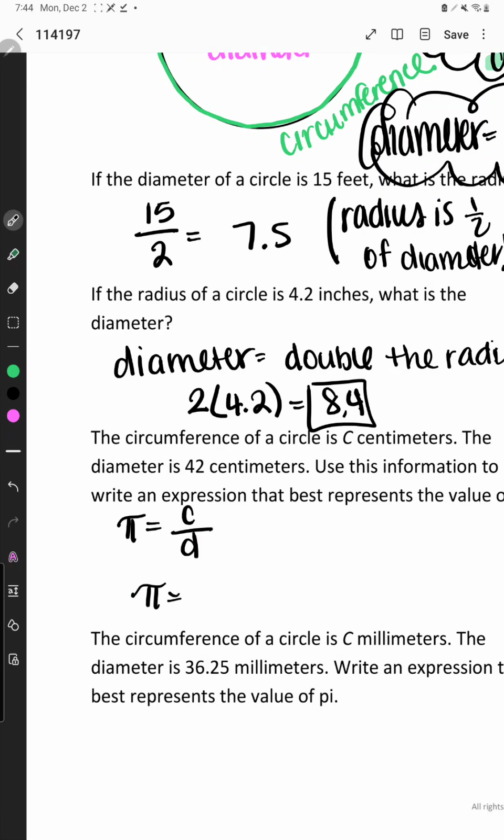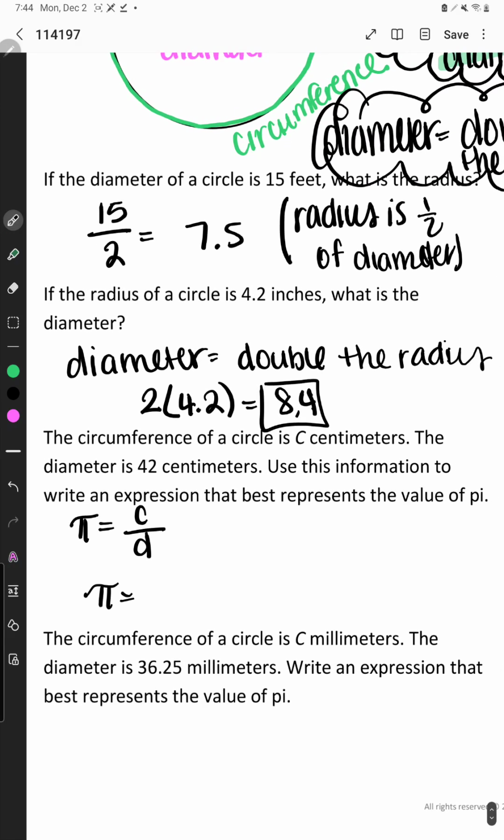So pi will equal our circumference, which we don't know. It says right here that the circumference is c centimeters. So we don't know, it didn't tell us. So I'm just going to keep that as c. And the diameter is 42. So we get that pi equals circumference over 42.